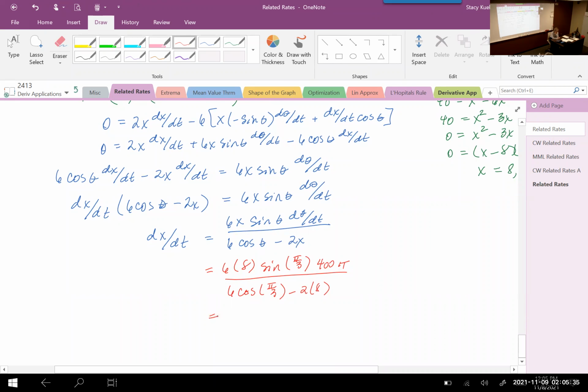So I want you to simplify this and give me both the exact and the decimal value. Once you multiply all that out, you get 9,600 pi times the square root of 3 all over -13.